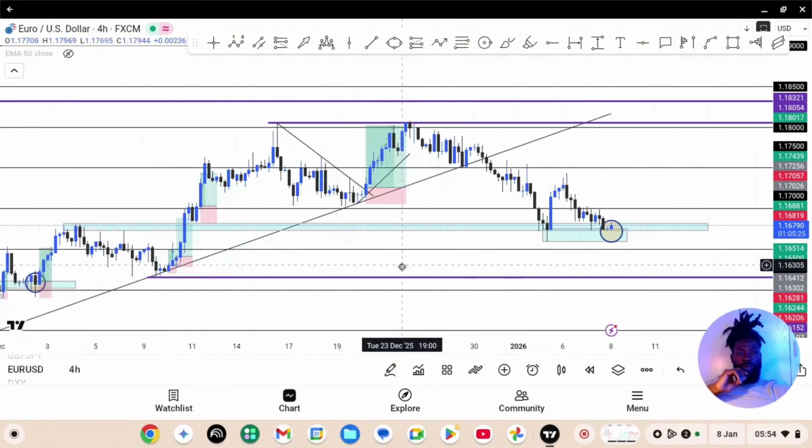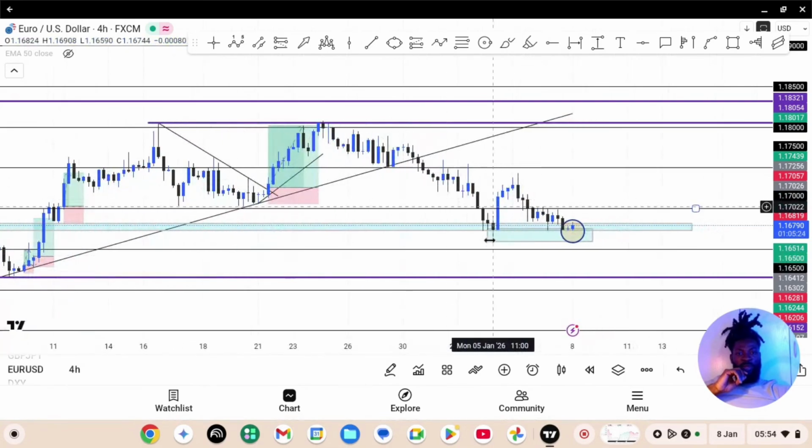So when the market got here, it gave us a massive bullish engulfing here. This is saying that buyers are sitting at this level.